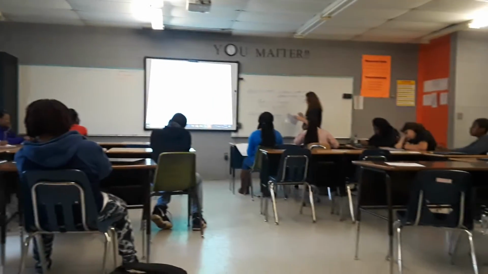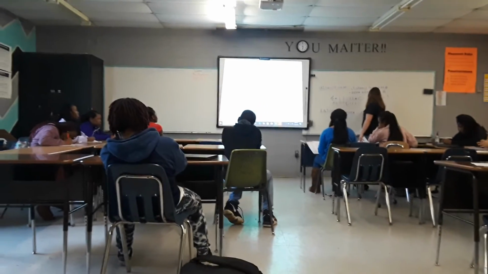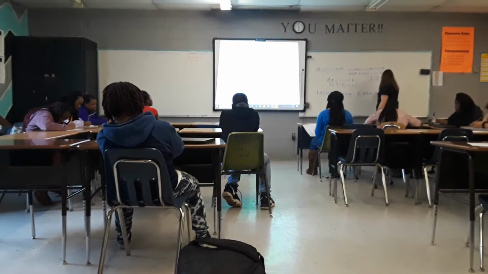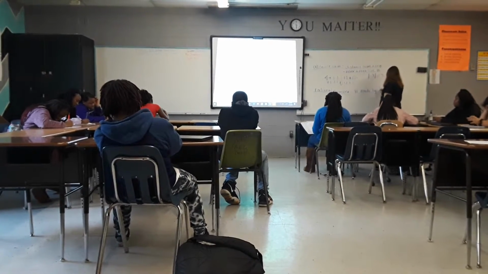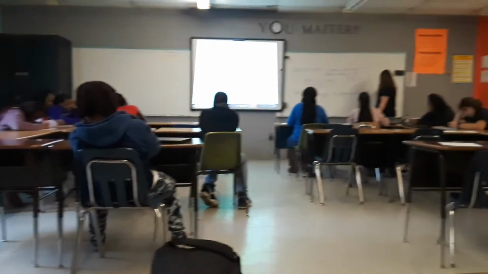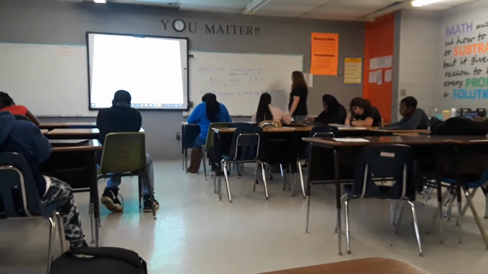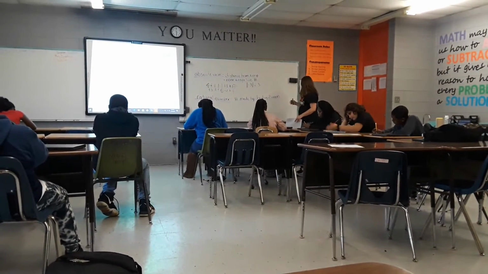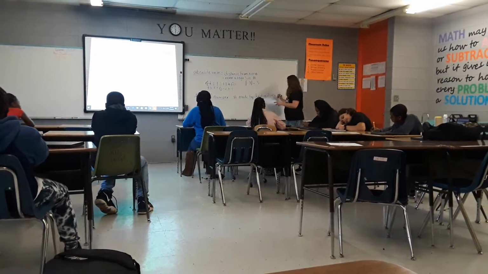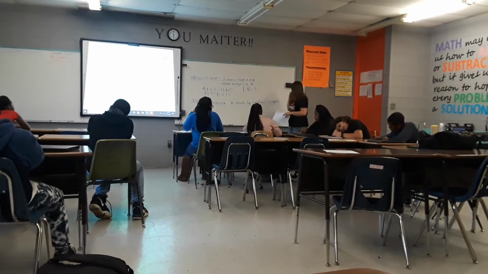So a rational number is a number that can be made by dividing two integers.